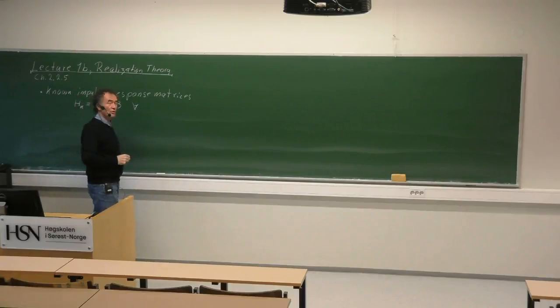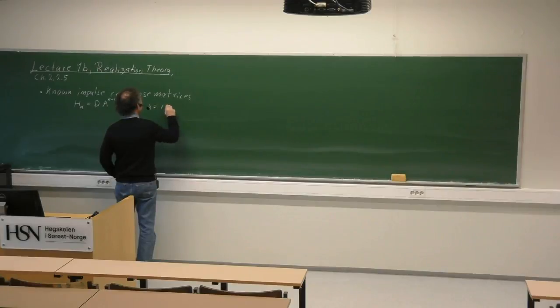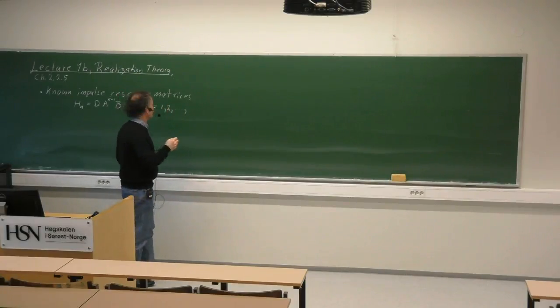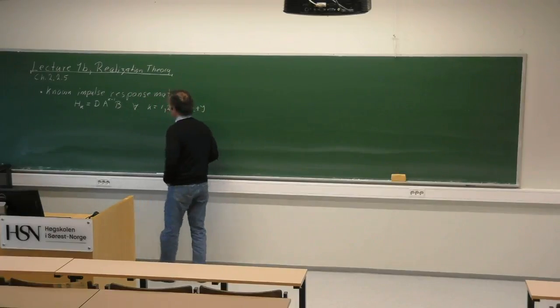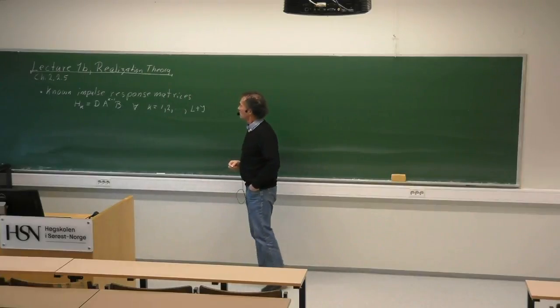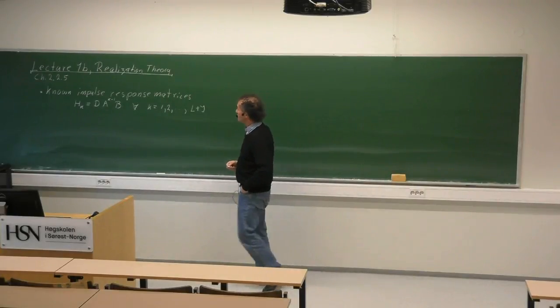For a bunch of indices K from 1 and 2, and so on, and we assume a number L plus J of known impulse response matrices.